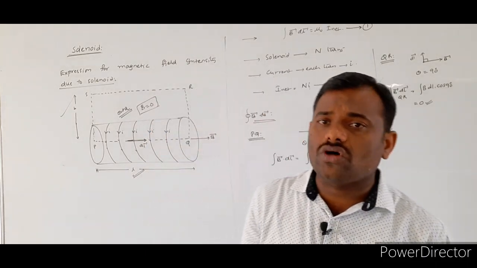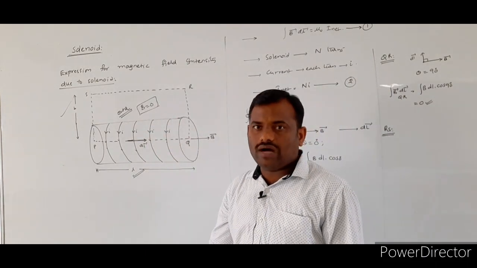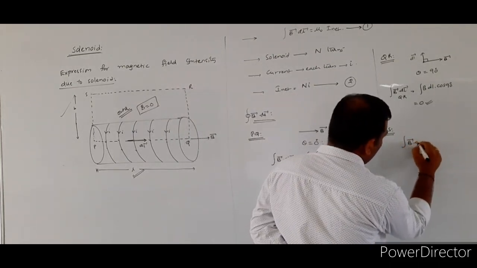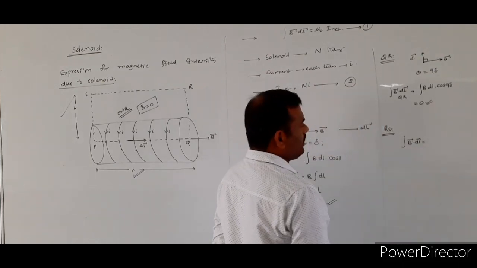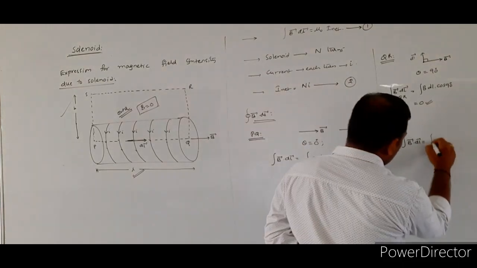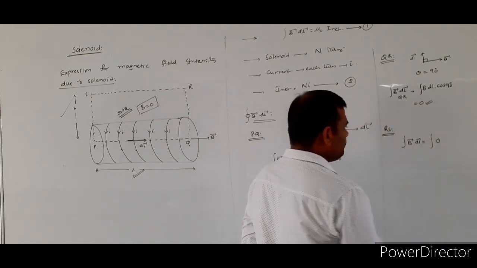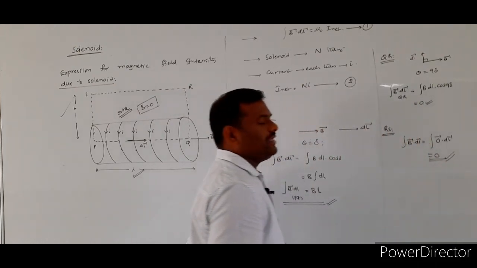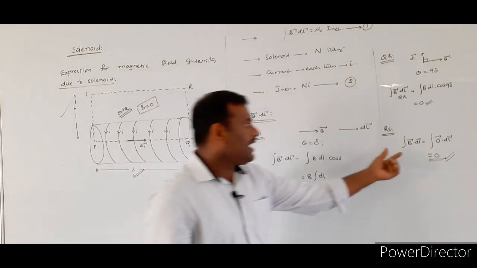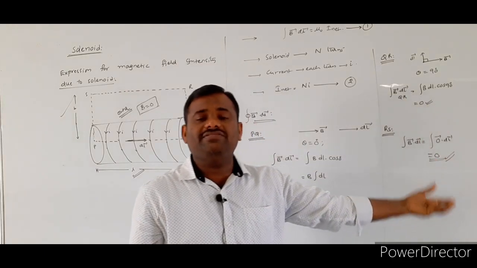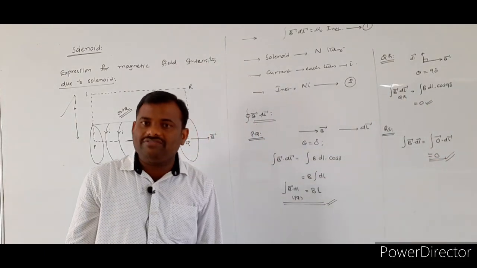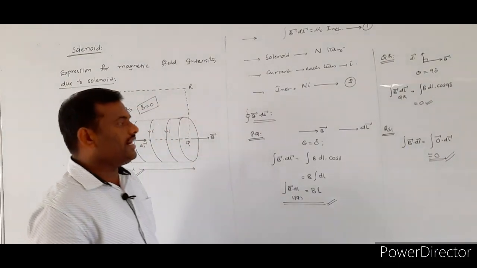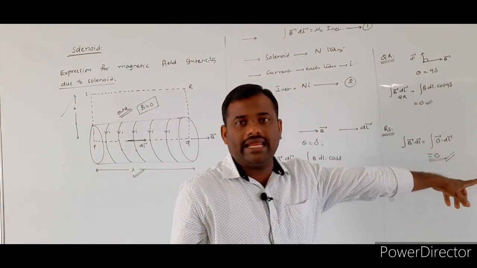So the line integral of B bar dot dL bar is equal to 0 dot dL bar, which is also 0, because there is no magnetic field existing at the outer region of the solenoid. Hence, its line integral value is 0.